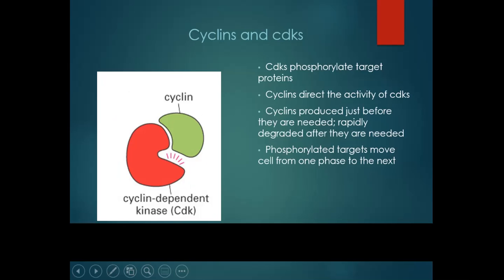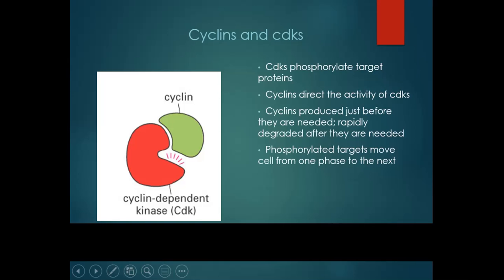Now, to monitor how the cells go through the cell cycle, and to allow for the cells to stop at checkpoints, you have cyclins and CDKs. CDKs are cyclin-dependent kinases. They are only active when they're attached to a cyclin. The cyclin will direct their activity so that they will find the proper targets.